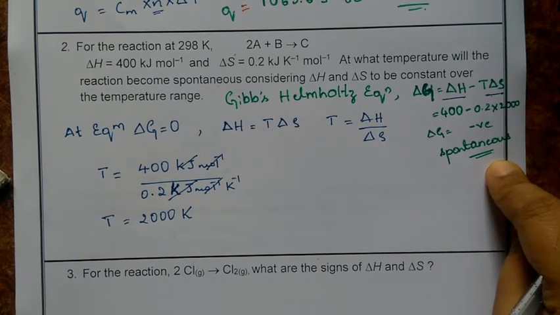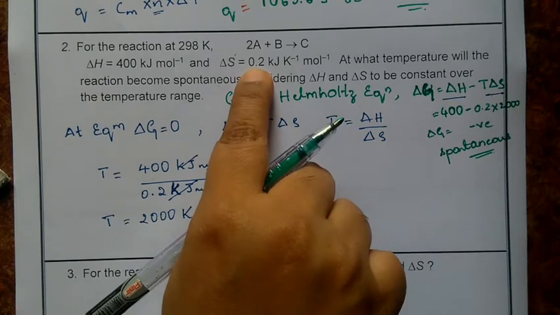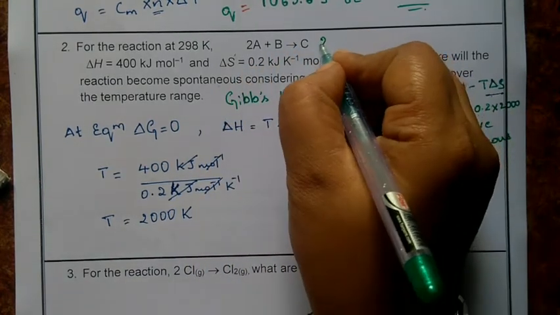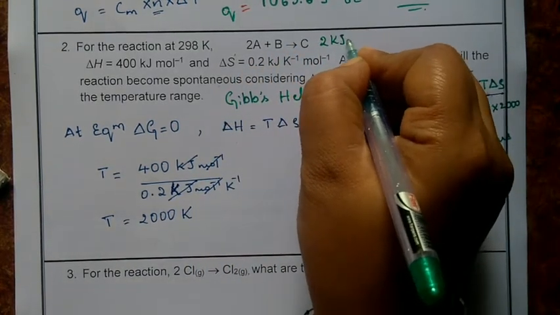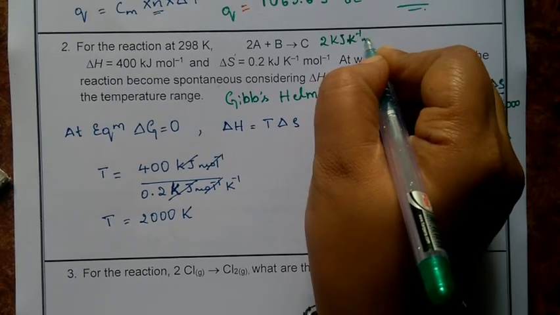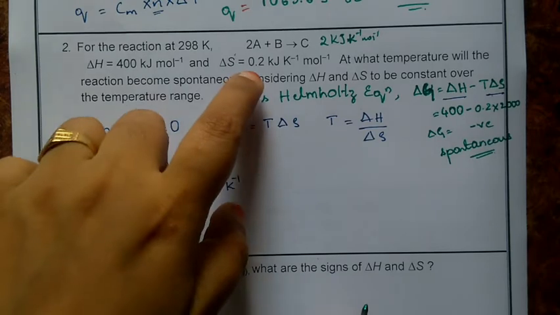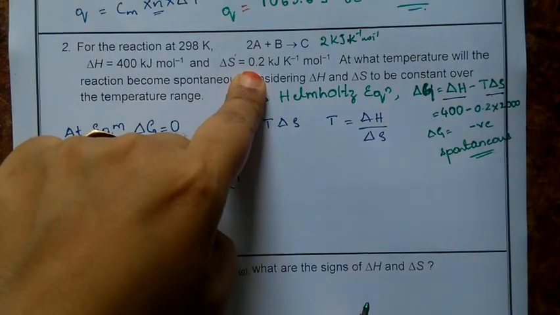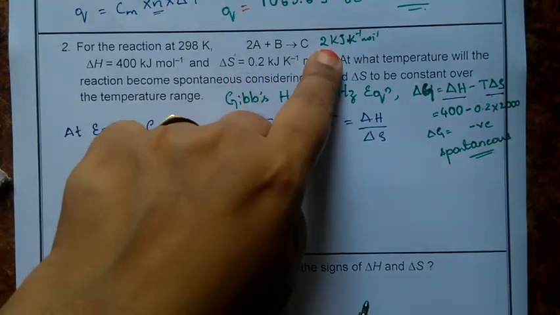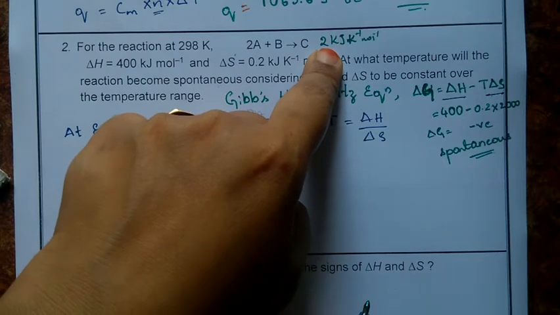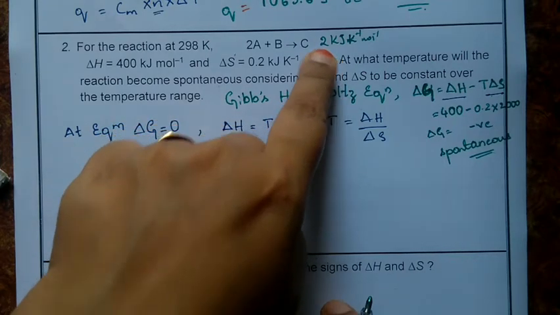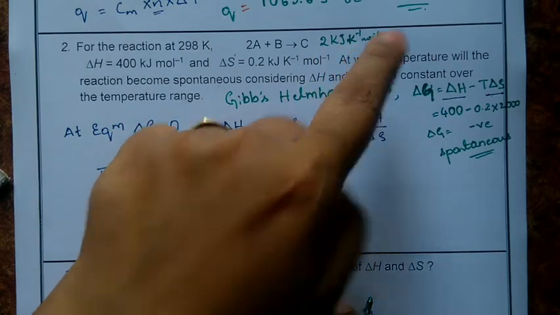So in actual, the value of this one is 2 kilojoule per Kelvin per mole. Clear? So in this problem, we have 0.2, but in the actual problem, we have the delta S as 2 kilojoule per Kelvin per mole.